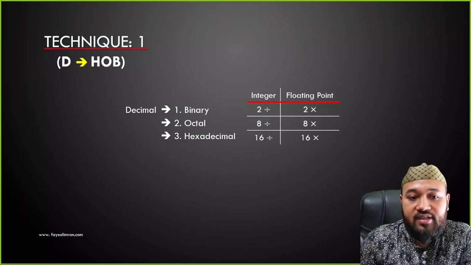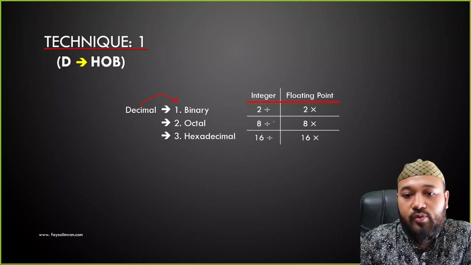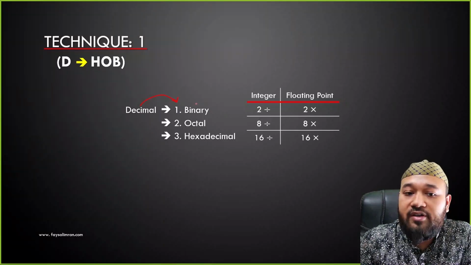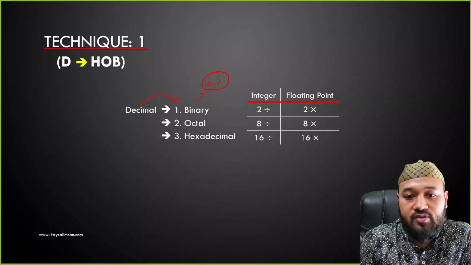In the same way, when we want to go from decimal to binary, we have to maintain the rules of binary. What are the rules of binary? Binary contains the digits 0 and 1.